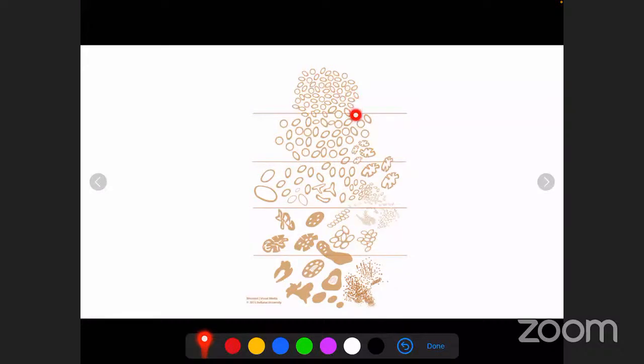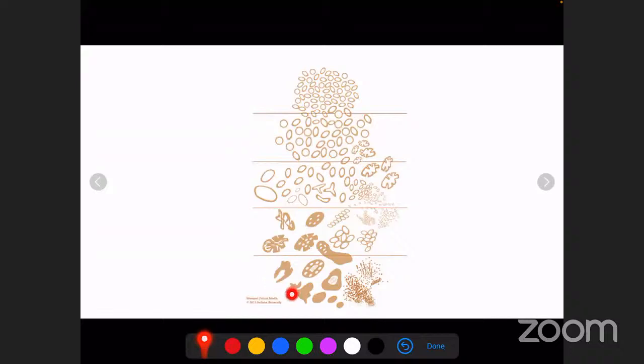So this is grade 1. You can see glands close together. Grade 2, there is some amount of distortion coming. Grade 3, you can see some distortion and angulation of glands, with glands again getting smaller and smaller. Grade 4, there is some small cell change, cribriforming taking place, glands getting angulated and irregular.